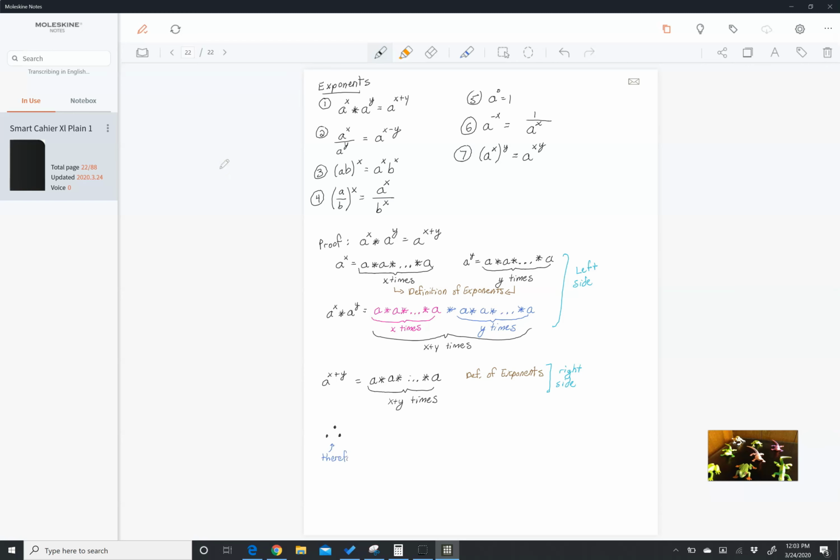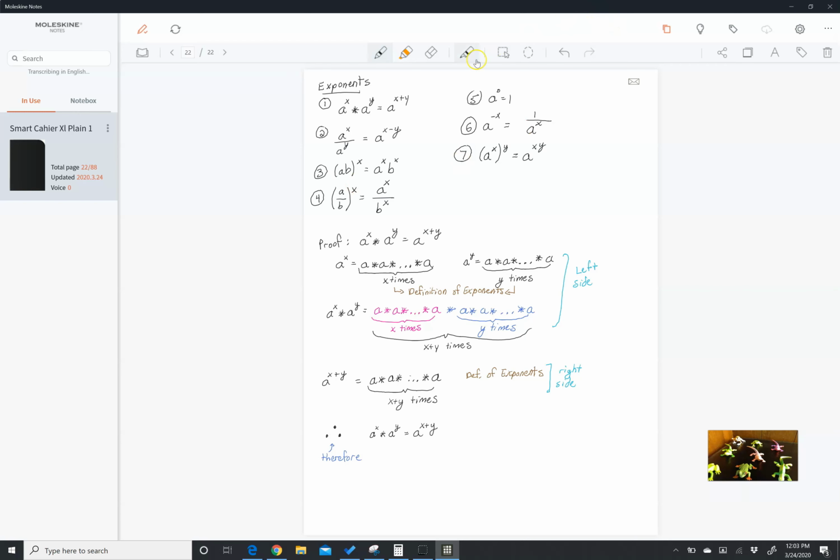What we're doing is we're going to put in this last statement and say, okay, our last statement is our proof. It's saying that the left side is equal to the right side. Again, this is just to be clear. So a to the x times a to the y is equal to a to the x plus y.